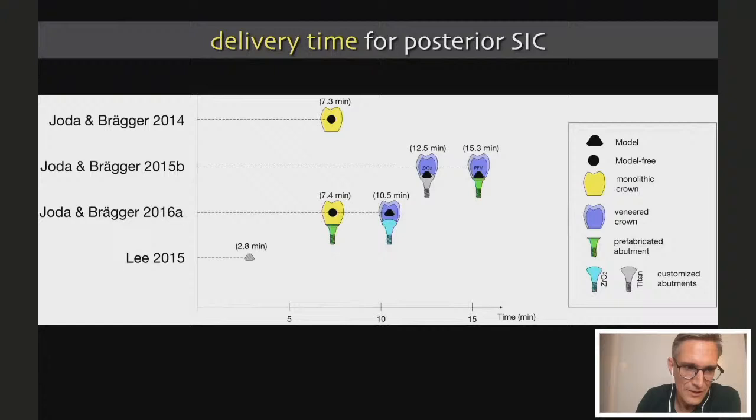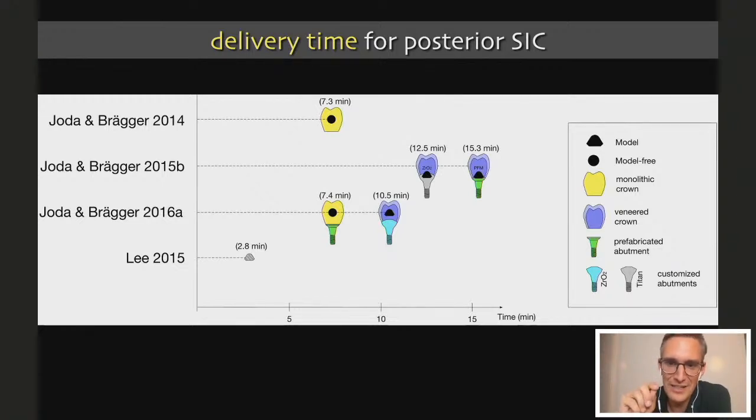And what we saw, and these are only 4 studies actually, and there we have the numbers, is that if we have a monolithic crown coming from a digital workflow, with a prefabricated abutment, we need less time, or less chairside time, to deliver the crown.